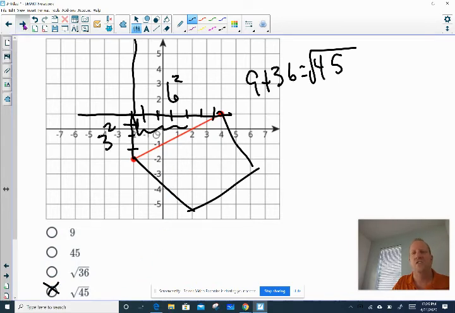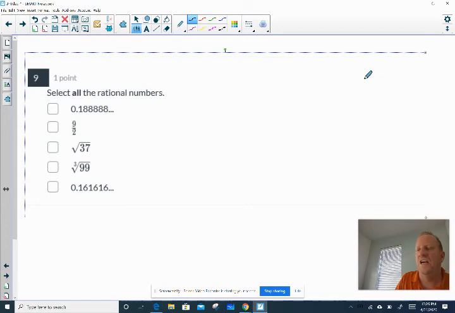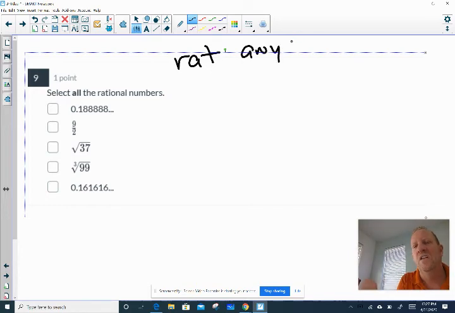Okay, very last question. This is the one we struggled with a little bit on the last one. Let me go over it again. Okay, a rational number, we'll call it a rat number, is any number you can write as a fraction.